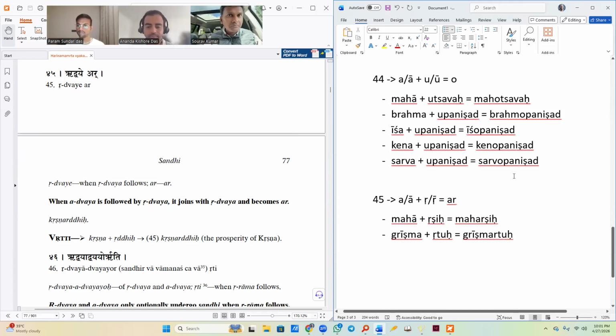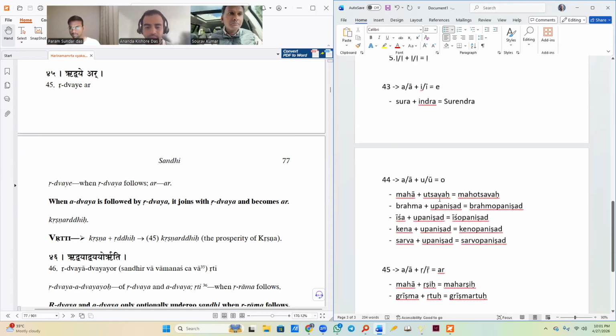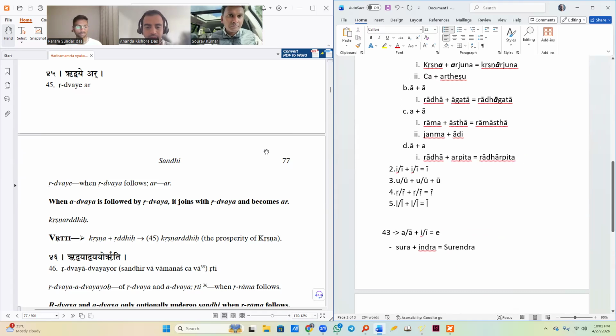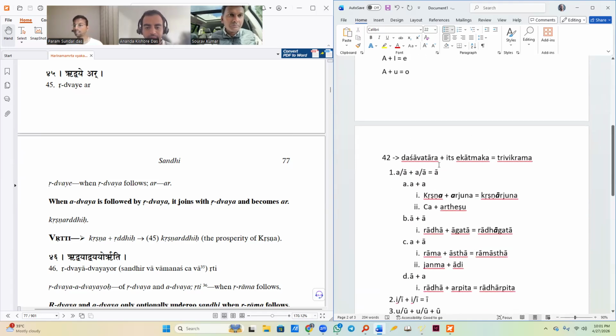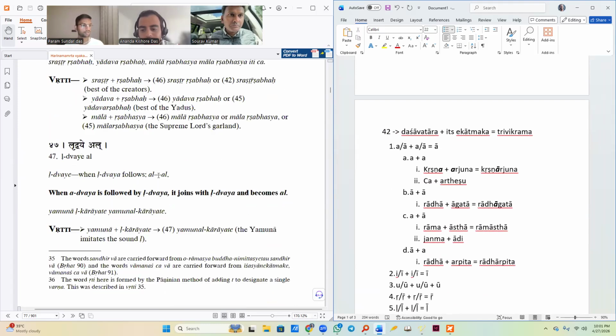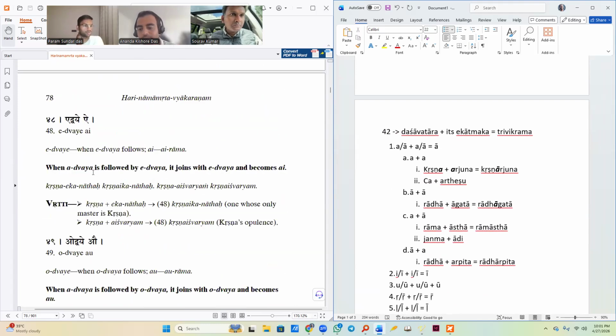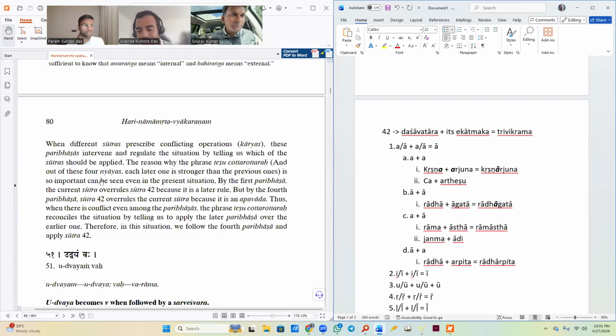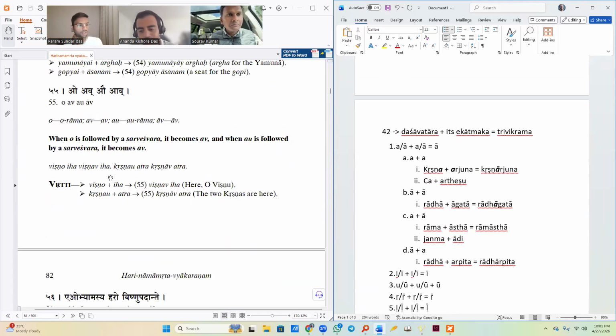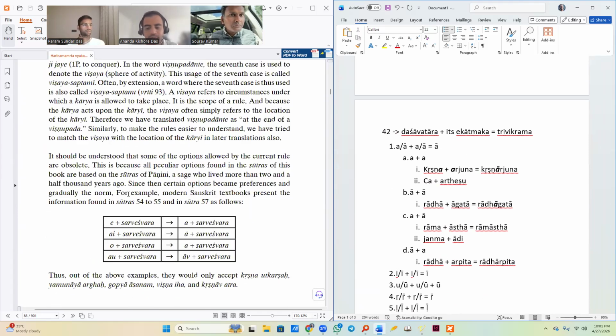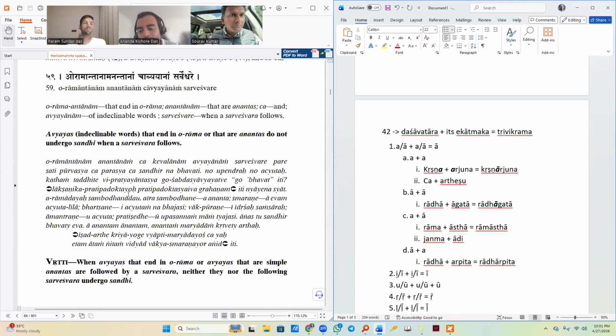Okay, I'll stop here. Go through the extra examples which Jiva Goswami has given, and memorize the sutras. We'll be meeting next week.